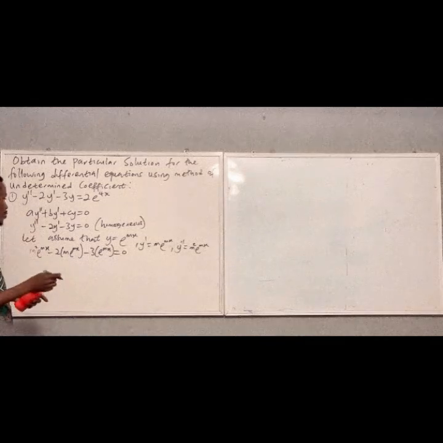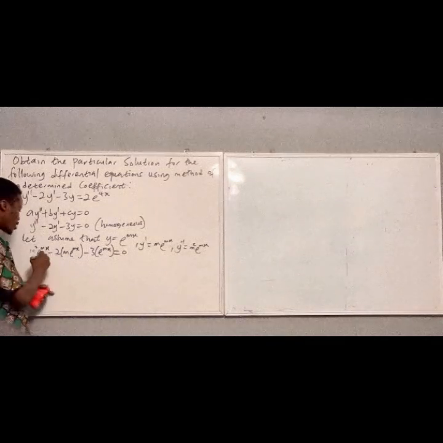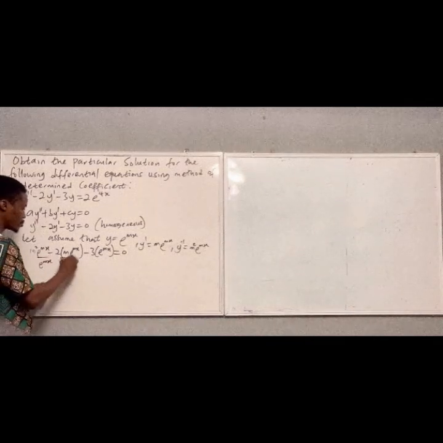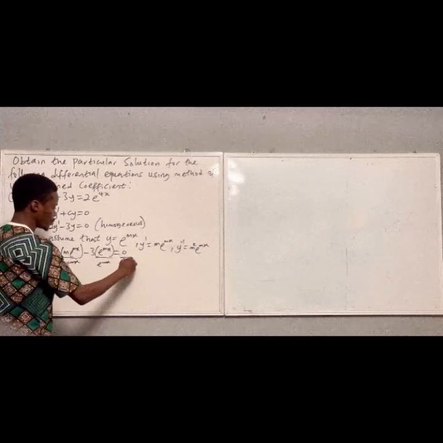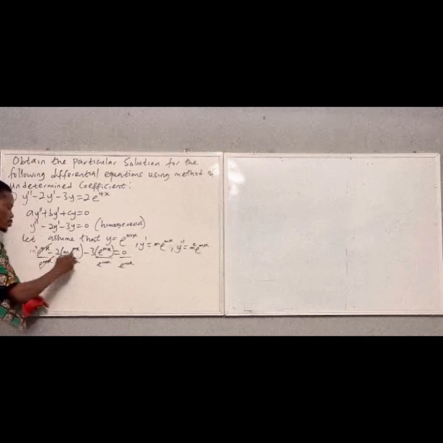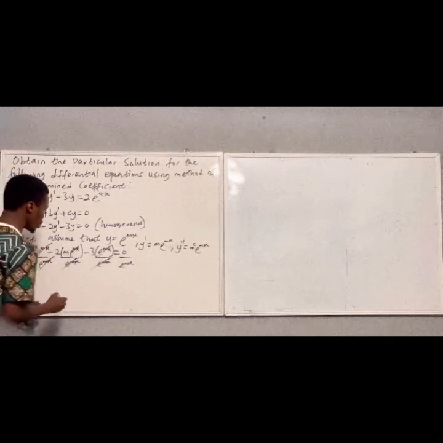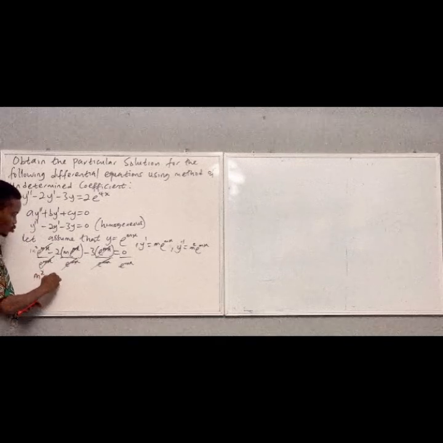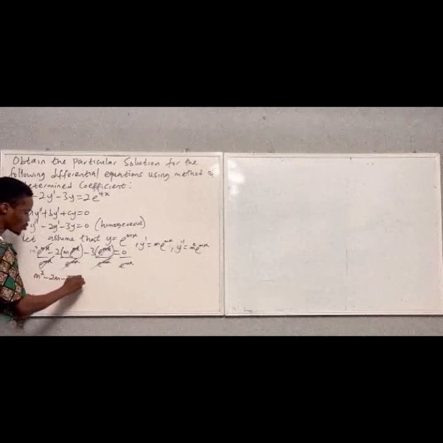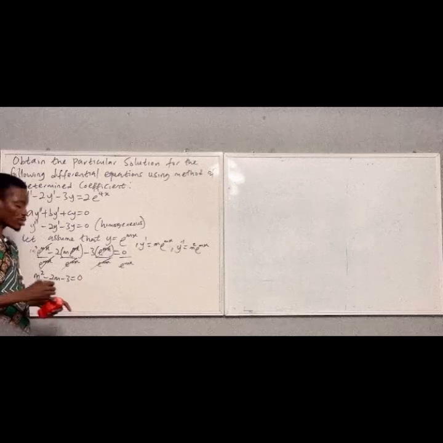I will divide both sides by exponential mx. This will cancel, this will cancel, this will cancel as well. So I'm going to be left with m squared minus 2m minus 3 is equal to 0. You can see that it forms an auxiliary equation.